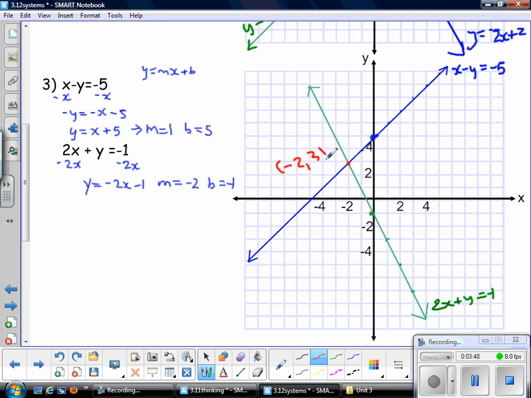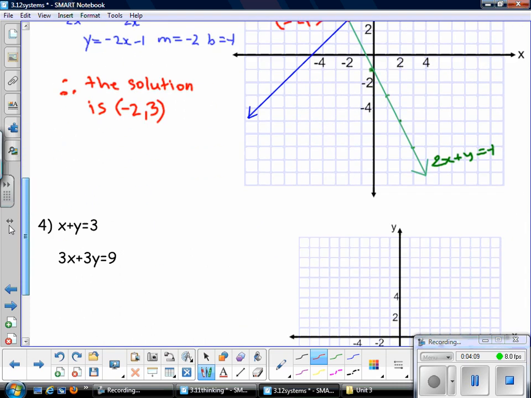And we do our therefore statement. So therefore, the solution is negative 2, 3. Or negative 2, 3 is the solution, same thing.